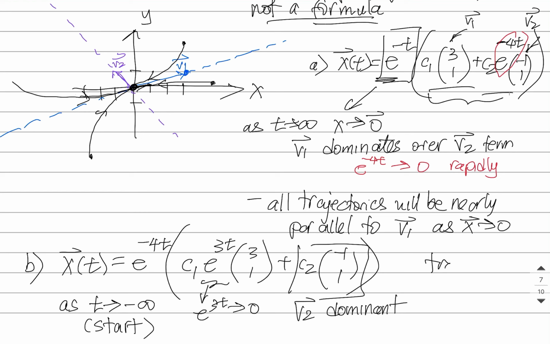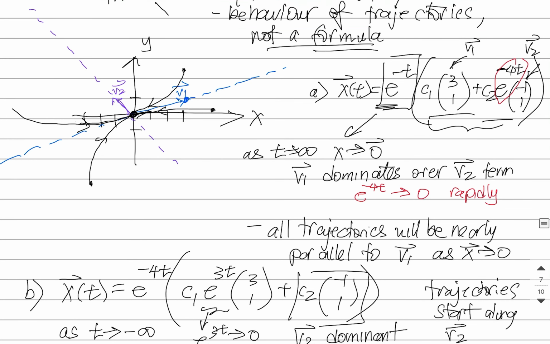So trajectories start along v2. If we were to run this movie fully in reverse and we took a look at the phase plane, eventually we would start from somewhere that is parallel to v2 and move our way to the origin. So regardless of which point we pick, if we run the movie far enough back in time, they'll start very close to v2 and then curve into v1.